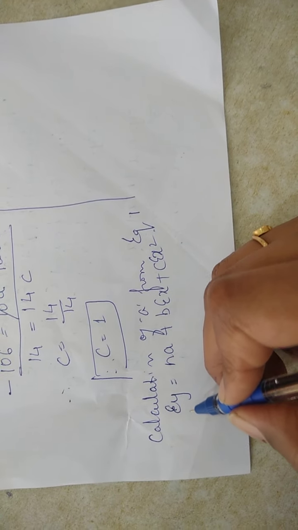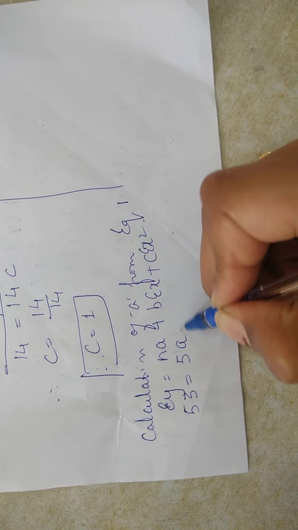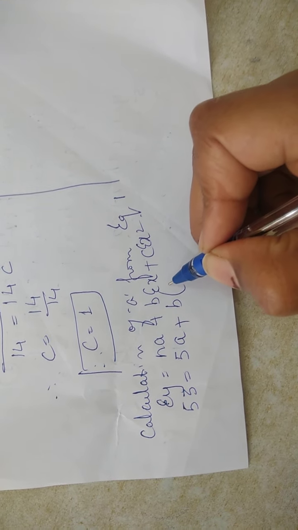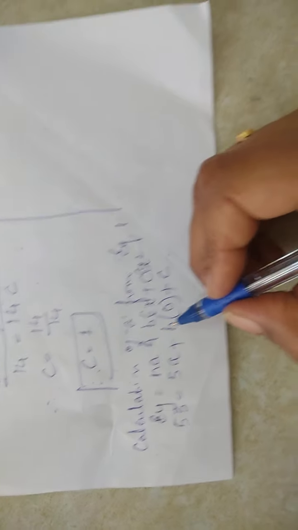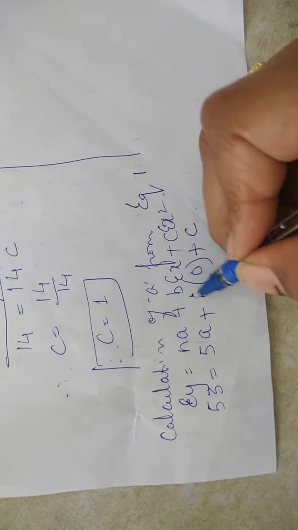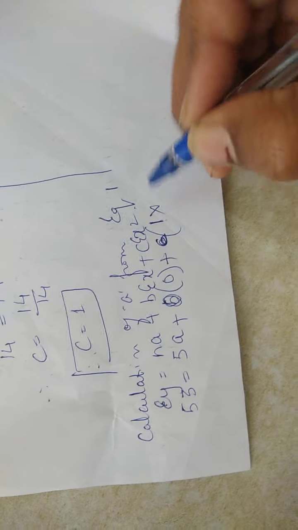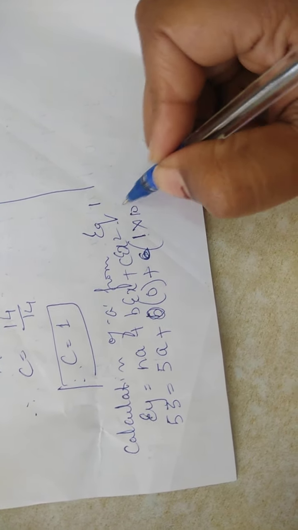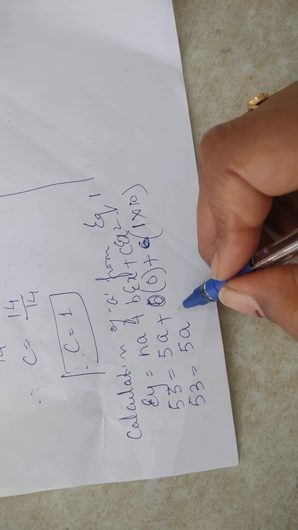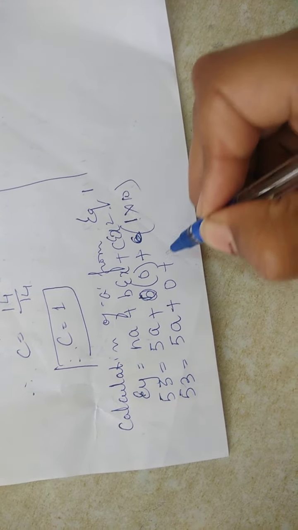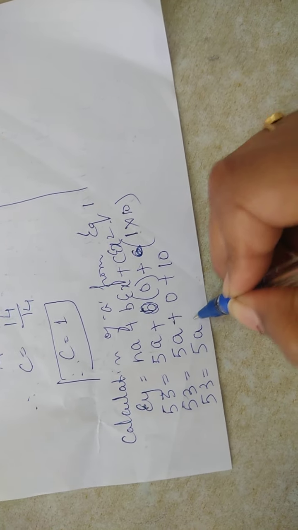What is summation y? 53 is equal to 5a, b summation x is 0, plus c. Here the b value is also 0, and the c value is 1. 1 into summation x square is 10. So 53 is equal to 5a plus 0 plus 10. So what remains? 53 is equal to 5a plus 10.